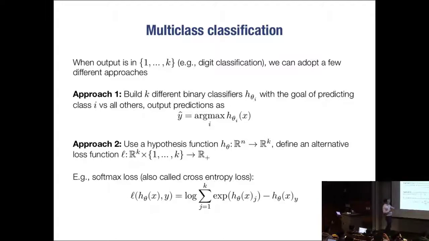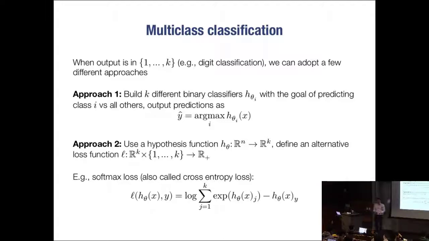The simplest way is, instead of building one classifier for -1 or +1, if you have k classes, you build k different classifiers, each one saying is it class i or not.